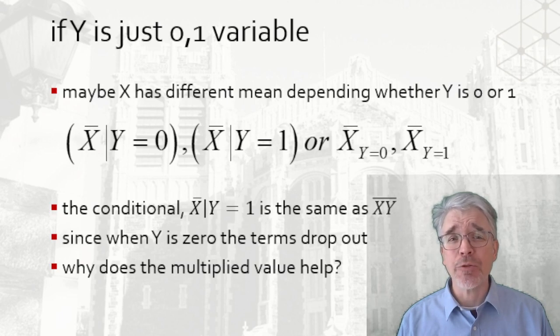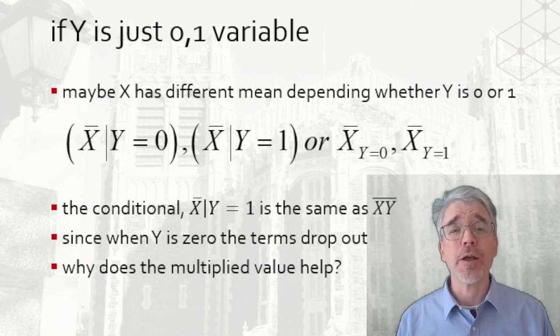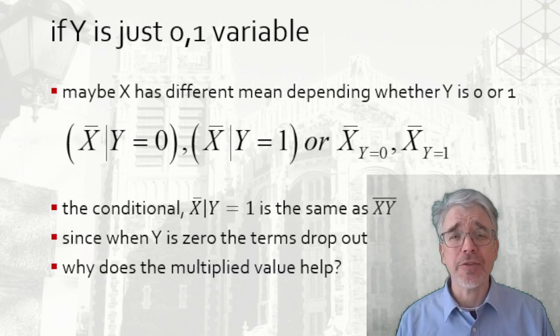Calculate the average when y is equal to 1, the average when y is equal to 0, which we denote with those vertical bars. X bar conditional on y equals 0, X bar conditional on y equals 1, or put in a subscript, X bar subscript y equals 0, X bar subscript y equals 1. Those are conditional means. They give the mean conditional on some value, in this case, the value of y.